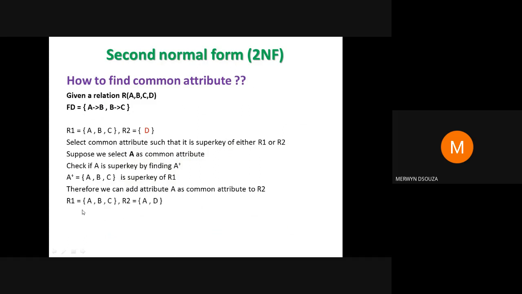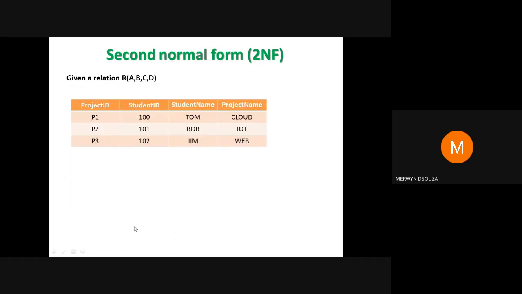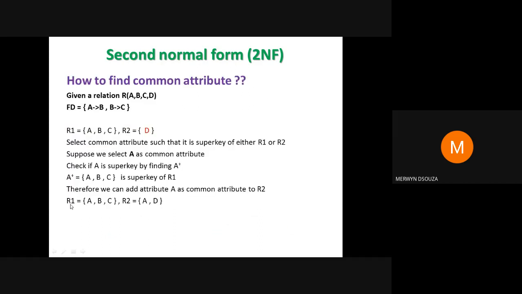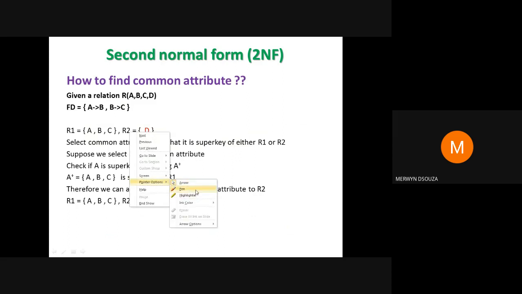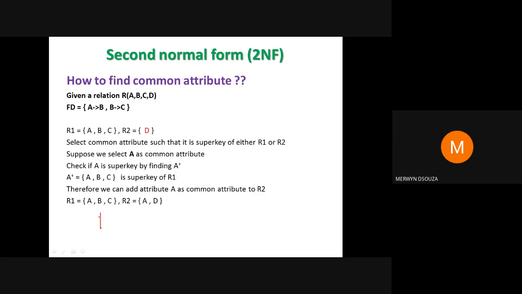So therefore we get R1 with attributes A, B, C, and R2 having the attributes A and D. A we found out using this process that I just explained. And now we can say that R1 and R2 are in second normal form. We have removed the partial dependency.